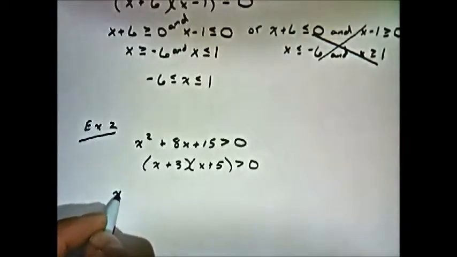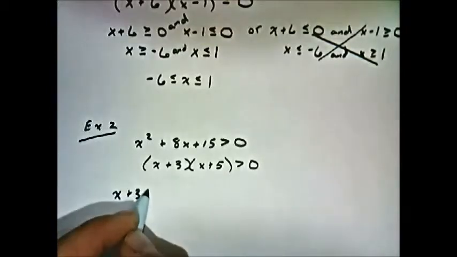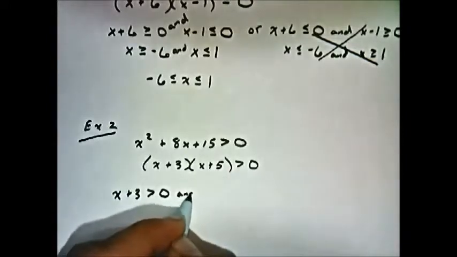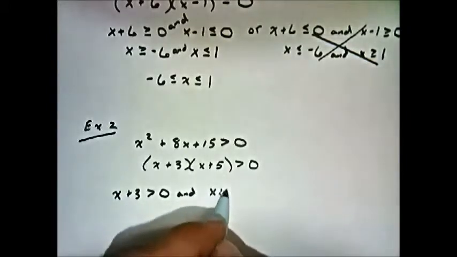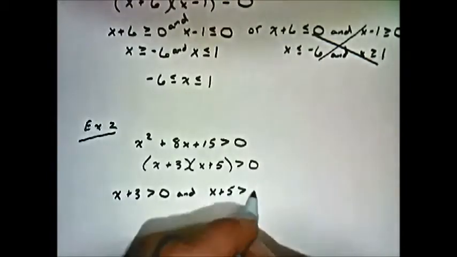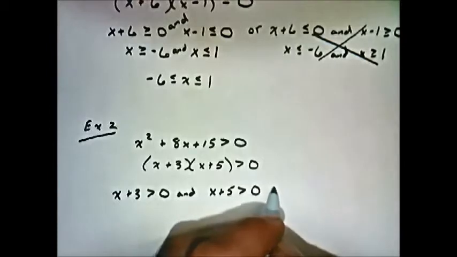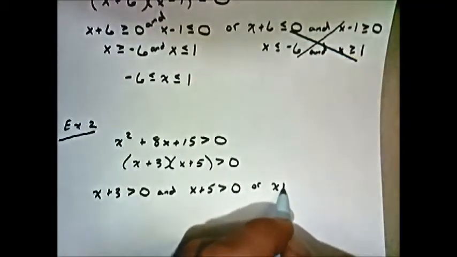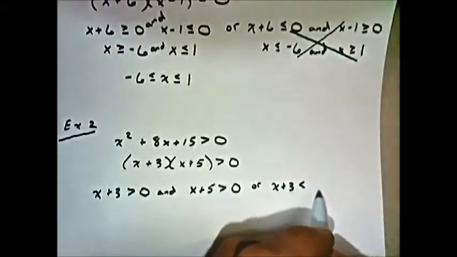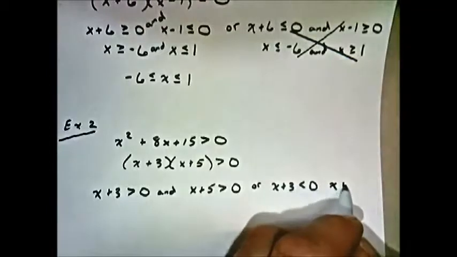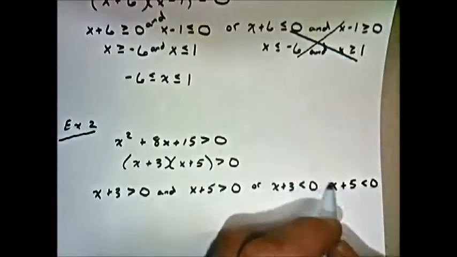So our two equations: x plus 3 is greater than 0 and x plus 5 is greater than 0, or we could have x plus 3 is less than 0 and x plus 5 is less than 0.